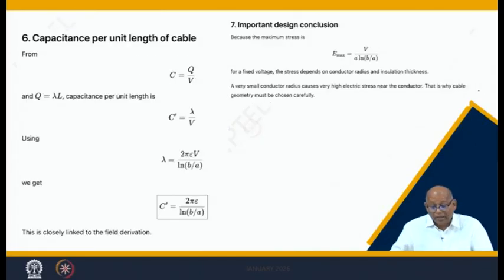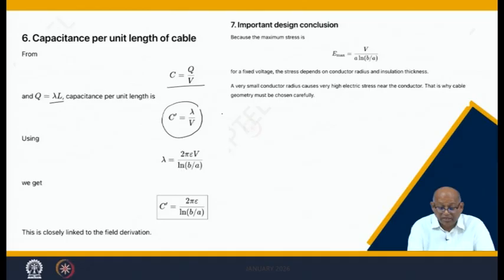If you look at the cable, it also has resistance, capacitance, inductance, etc. So what is the capacitance formula? Q by V. If Q is lambda L, then C dash, the capacitance per unit length, is equal to lambda by V, where lambda is given like this.